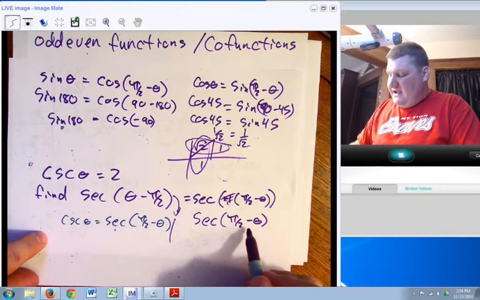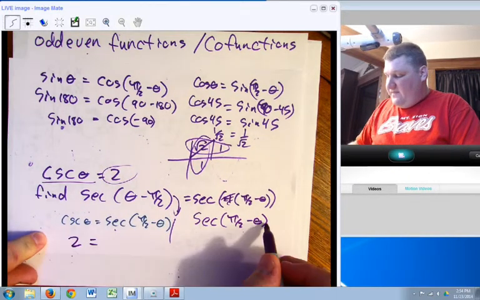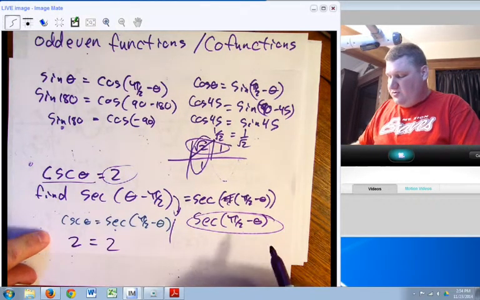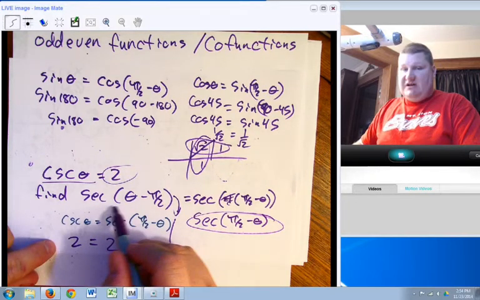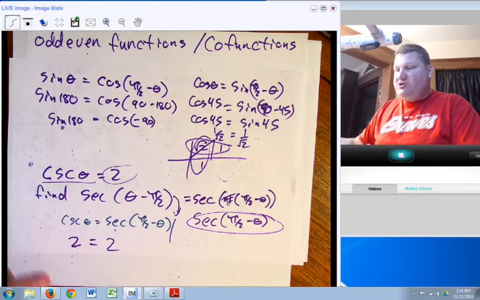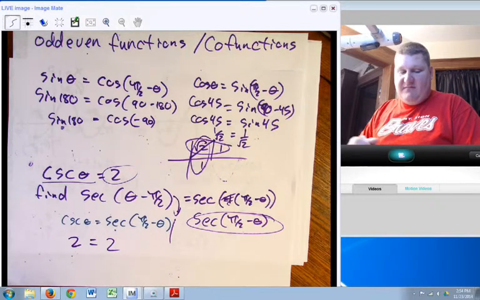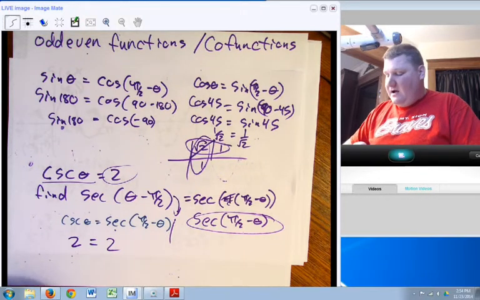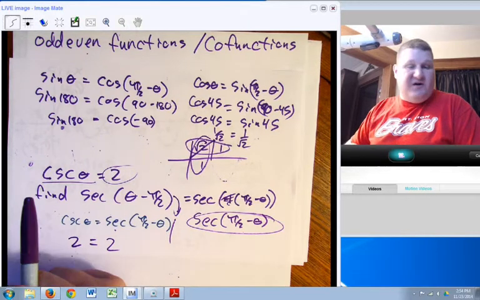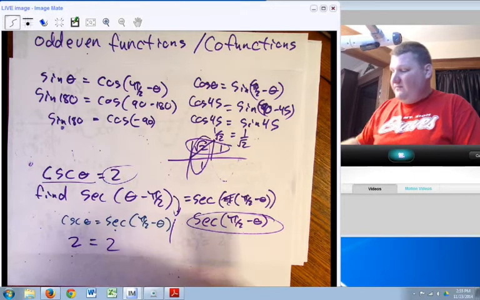So now I can indeed say that whatever cosecant of theta is, 2, that's equal to secant of pi over 2 minus theta, which is also 2, which is equal to secant of theta minus pi over 2, because these two can turn around because it's an even function. So in an even function, those two can switch. In an odd function, you can't make the same statement. So that's a couple even functions, odd functions, and cofunctions, putting them all together to make a couple of moves in some of the trigonometric identities.